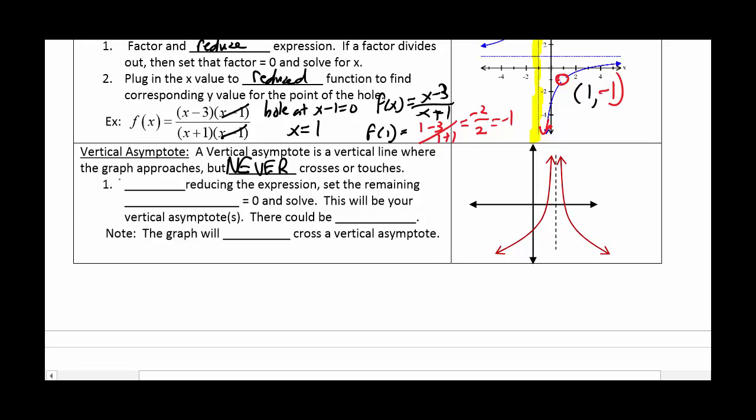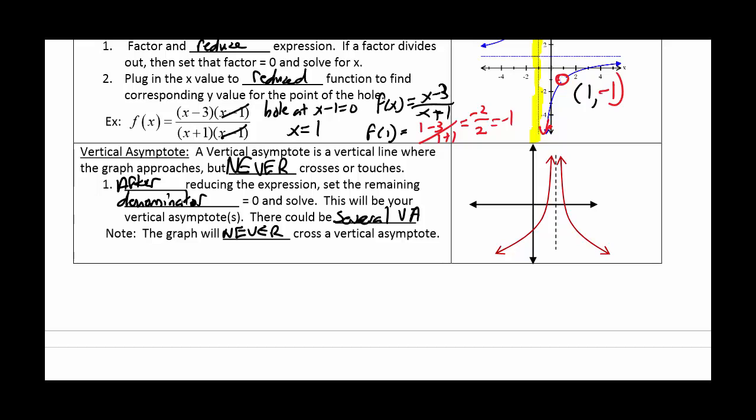So after we reduce the expression, we're going to set the remaining denominator equal to 0 and solve. This will be a vertical asymptote, and there could be several VAs. Note the graph will never, again, never cross a vertical asymptote. Never, ever, ever is it going to cross a vertical asymptote.